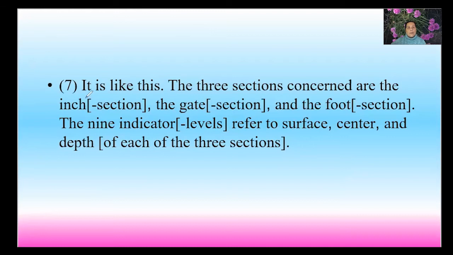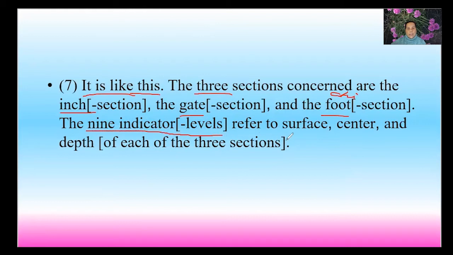The explanation here. Basically, the explanation of what we were talking about before. So there are 3 sections, that's cun, guan, chi (寸关尺), and 9 indications or levels.